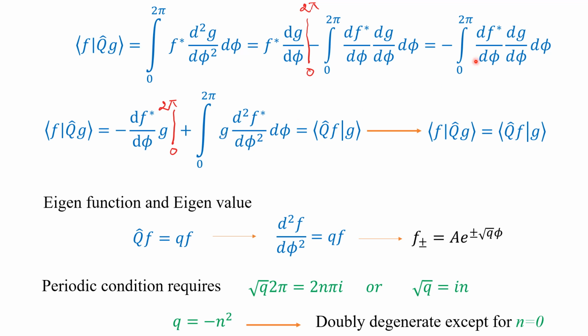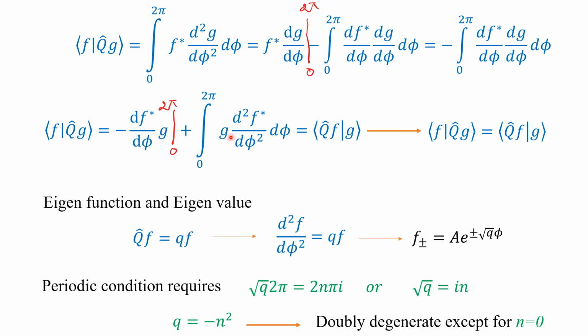Here u is the first order derivative of f with respect to φ, so if we take the derivative again, this will become the second order derivative, integrating with respect to dφ.